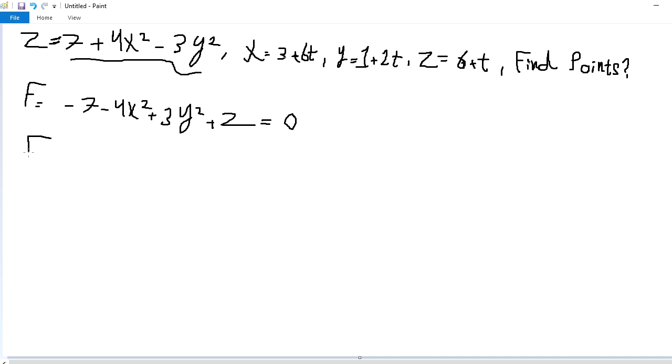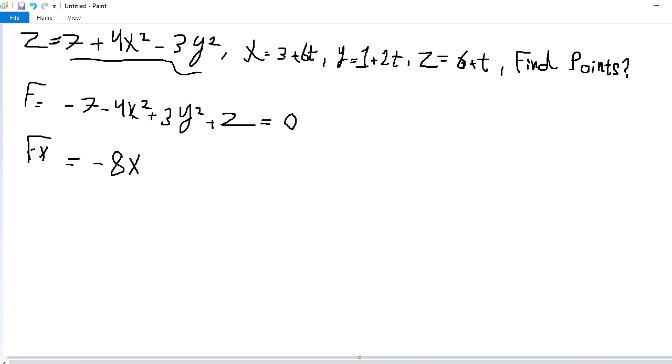The second step is the normal and maybe the easiest step we all use. We need to find the partial derivatives of this equation with respect to x, y, and z. Taking the partial derivative with respect to x here is going to be negative 8x. The other terms are 0.